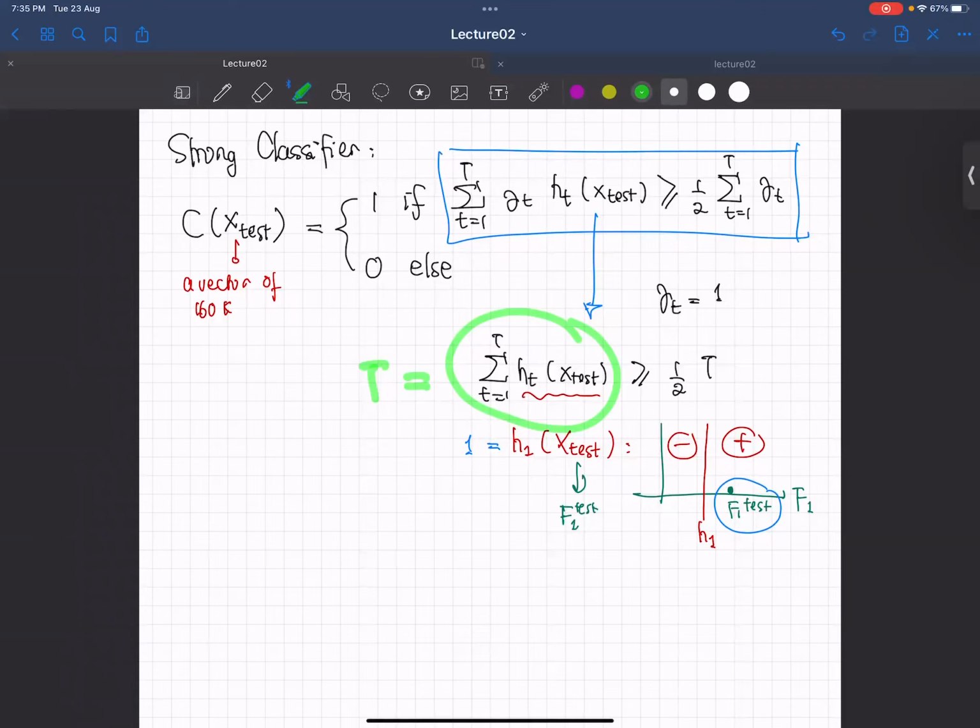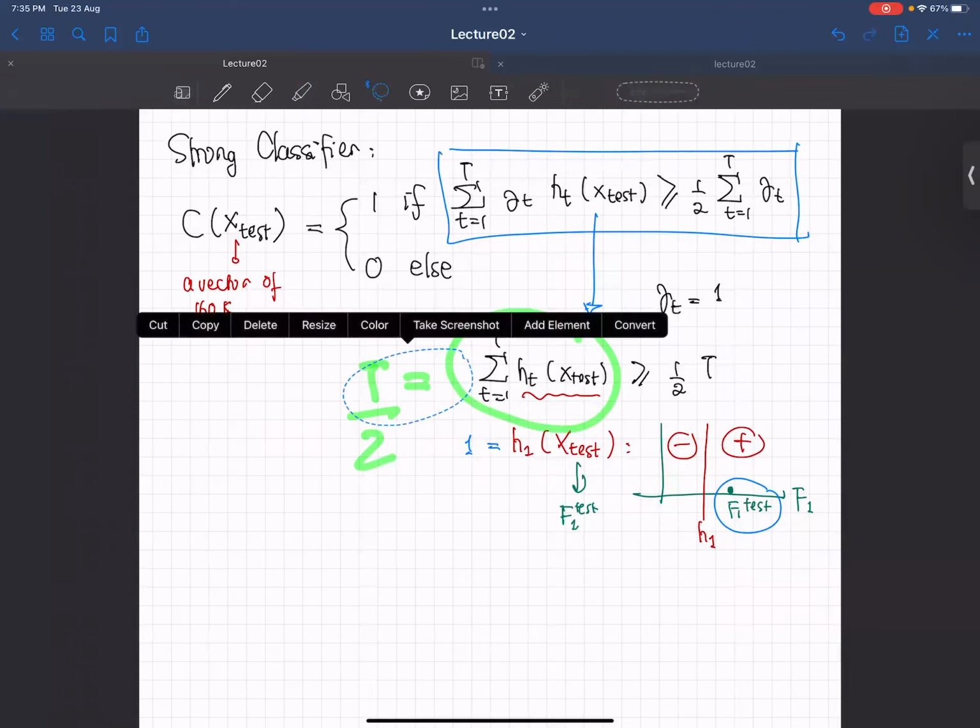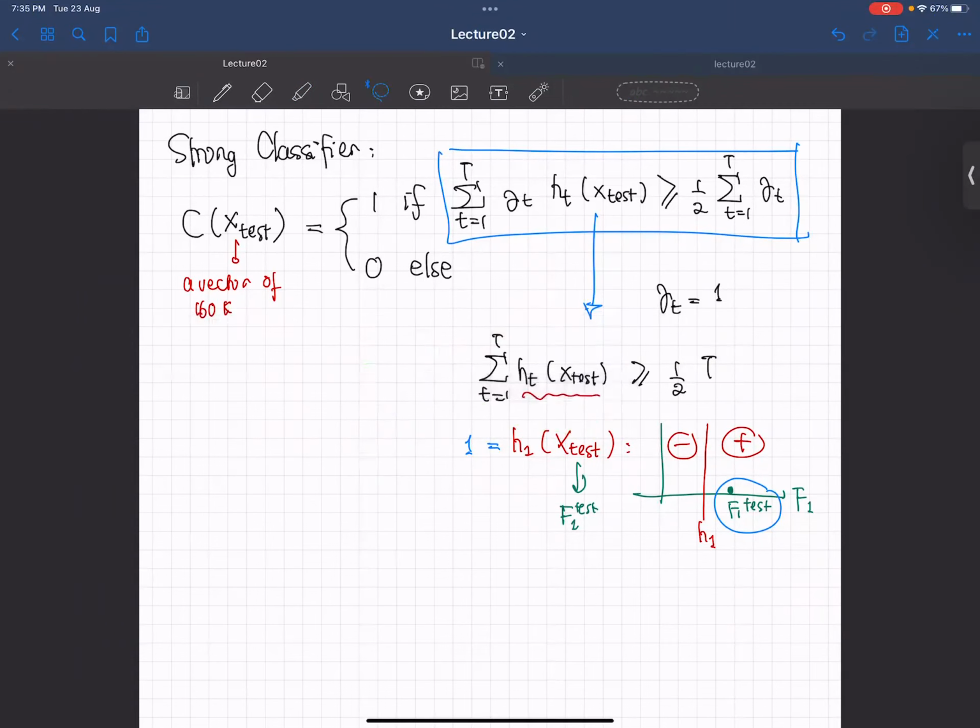Okay. So what happens if it is 1/2? It means half of the classifiers consider that your sample is positive, and the other half think that it's negative. That is the rule that we want to impose here. What is the meaning of that equation then?